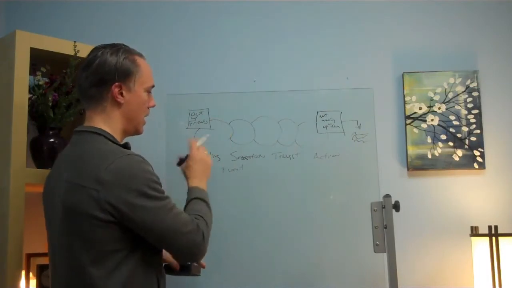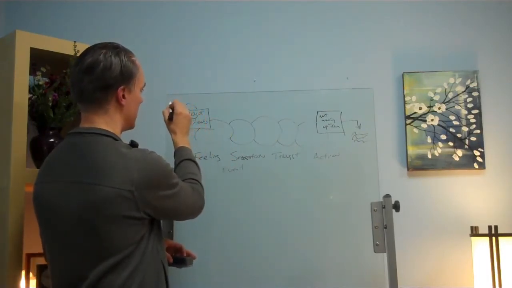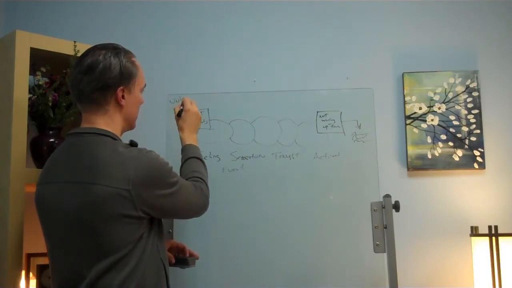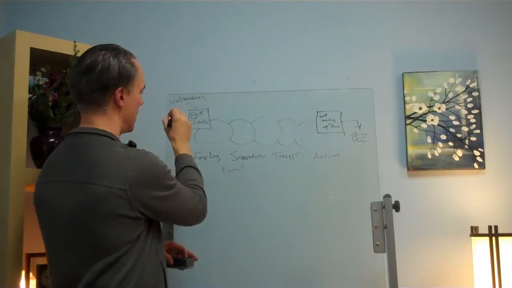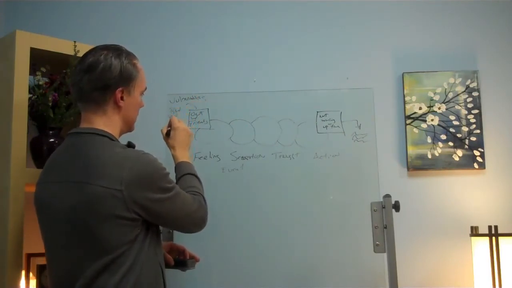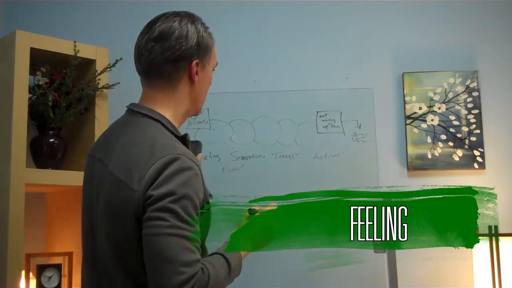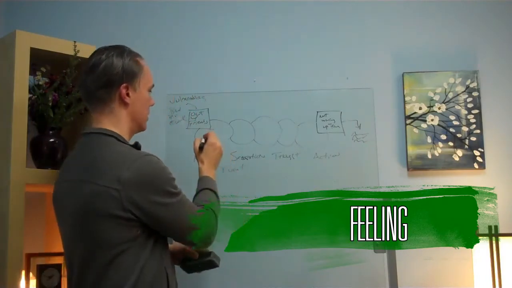So you're at the bar and you had a bad day. So outside of here we have vulnerabilities. And you had a bad day at work. What were the sensations?